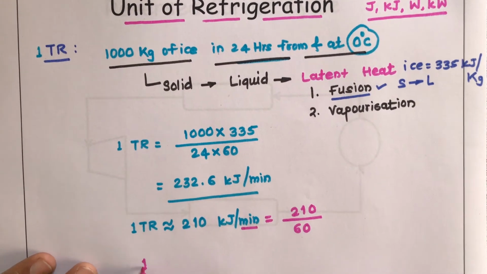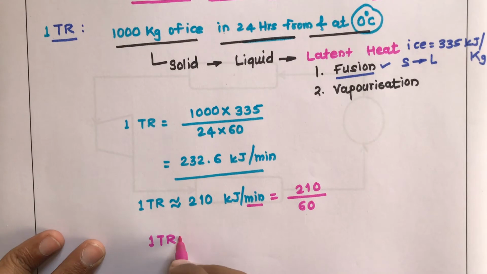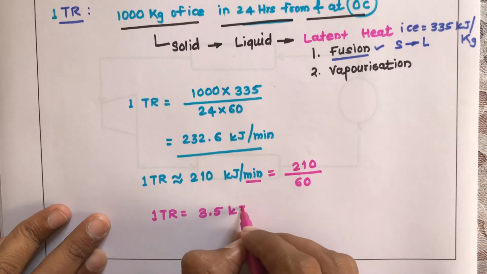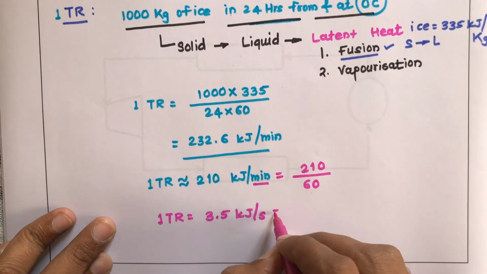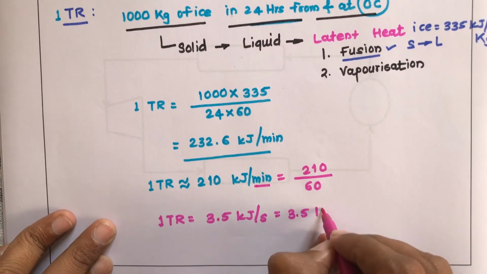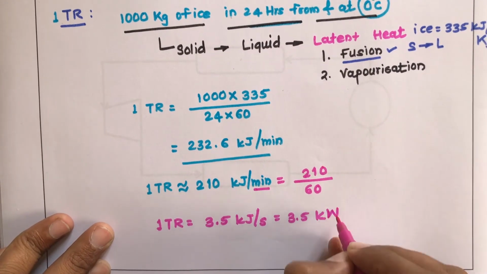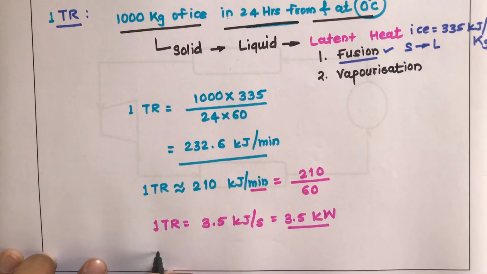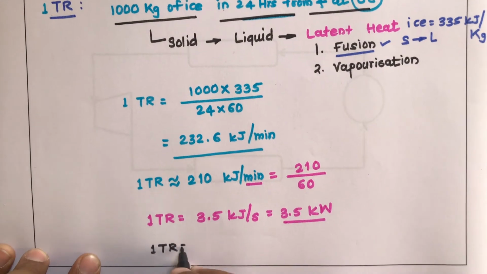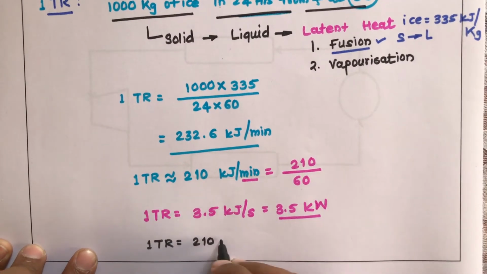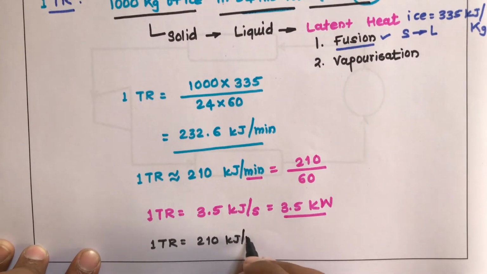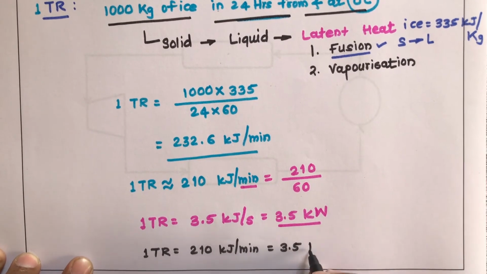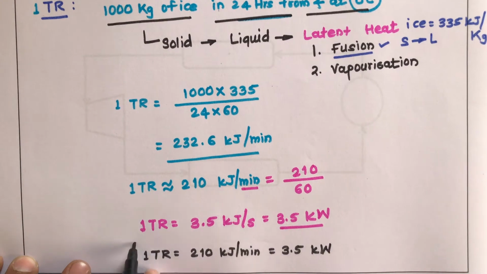Then finally I get 1 ton of refrigeration equal to 3.5 kilojoule per second, that is equal to 3.5 kilowatt. So 1 ton of refrigeration is equal to 210 kilojoule per minute, or 3.5 kilowatt.